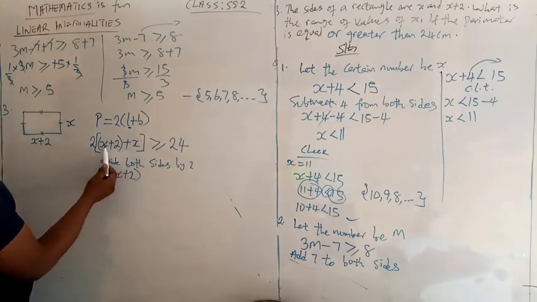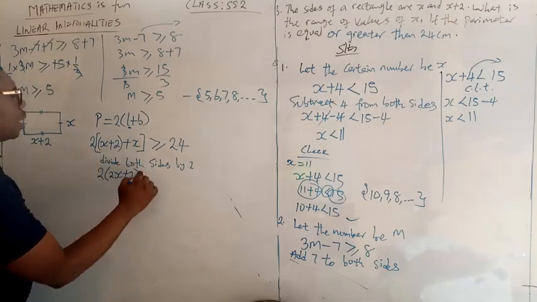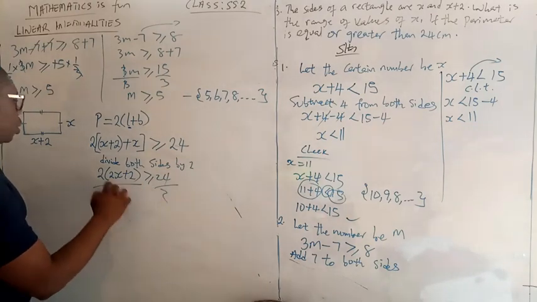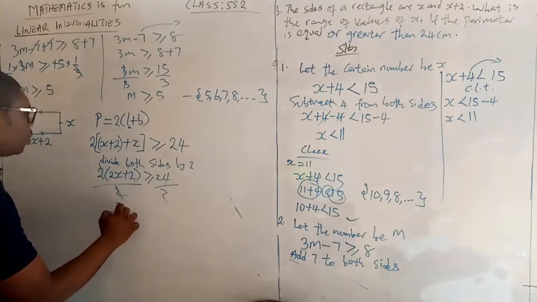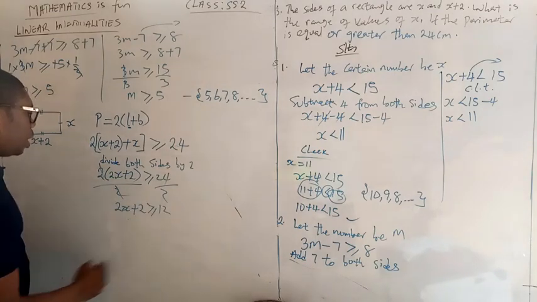If you open this bracket, you have x plus 2 plus x, meaning that you have a collection of like terms, 2x greater than or equal to 24. Divide through by 2, and you have 2x plus 2 greater than or equal to 12.